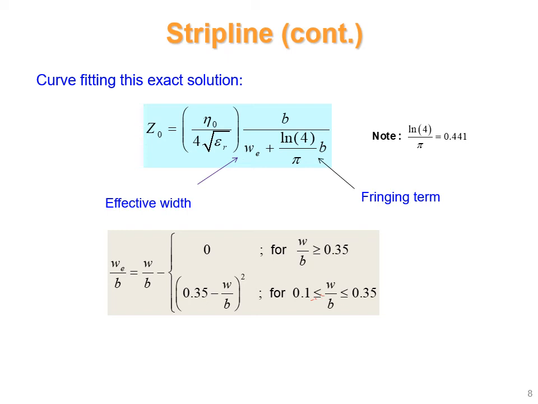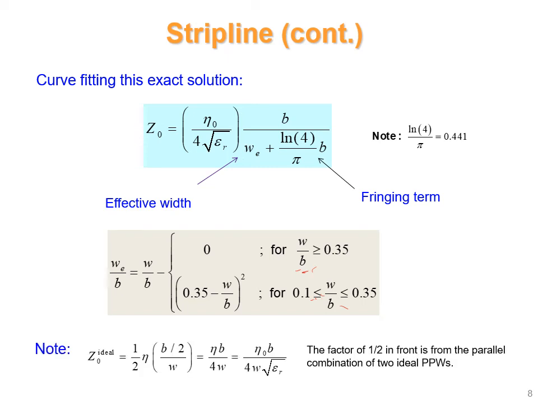Out of these two conditions, whichever is suitable according to our design, we have to choose that formula for WE by B to calculate this ratio, and then we have to calculate the characteristic impedance.